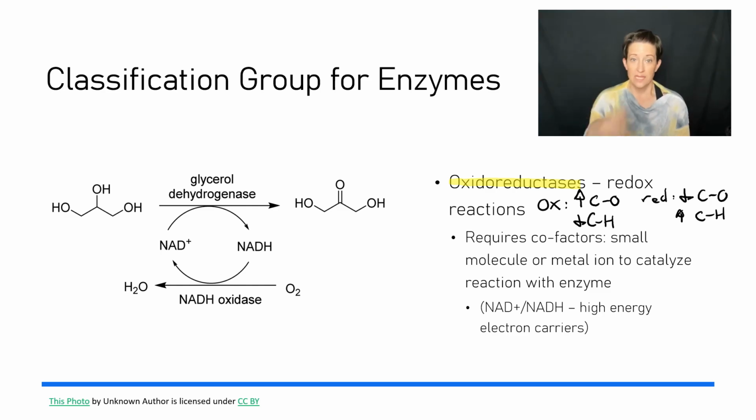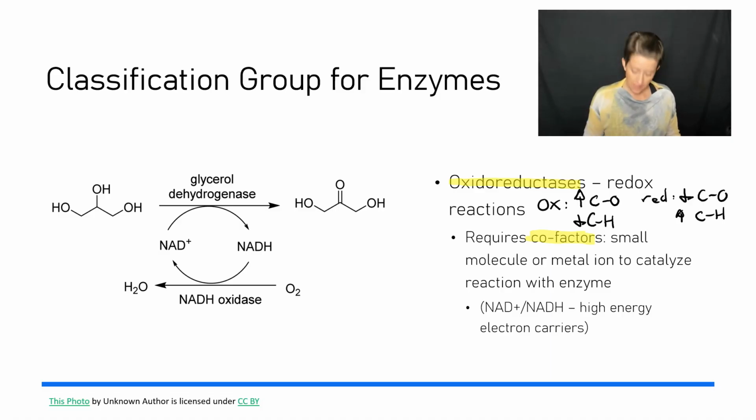In order for these reactions to take place, because if oxidation is happening, reduction needs to occur elsewhere. You can't just have one of these processes. Therefore, we need a cofactor. A cofactor is another compound, ion, something that will help catalyze and support this reaction.